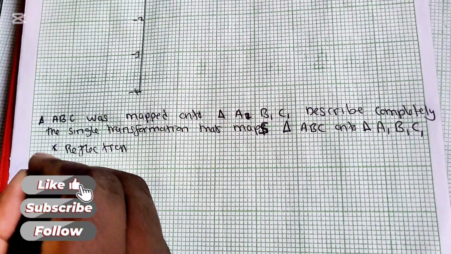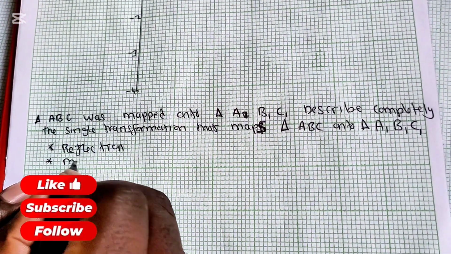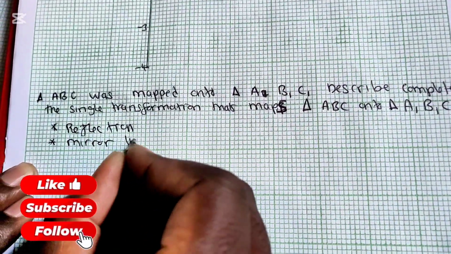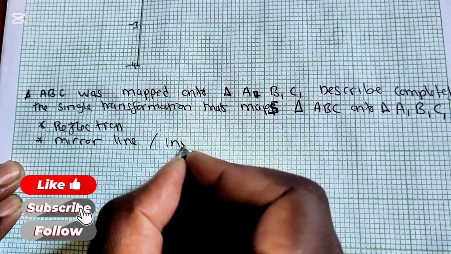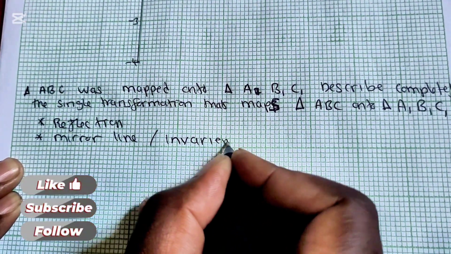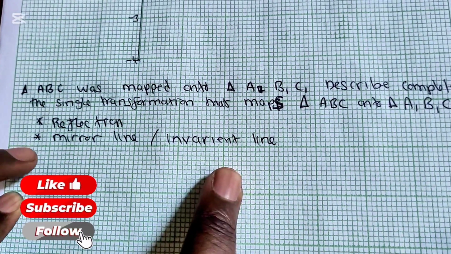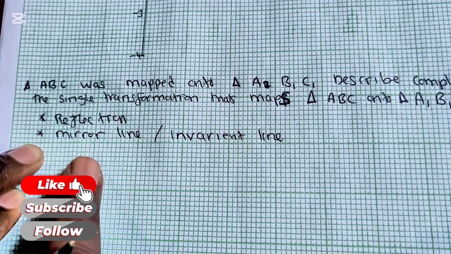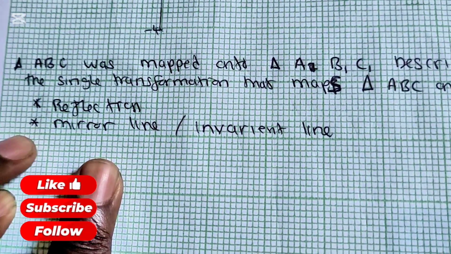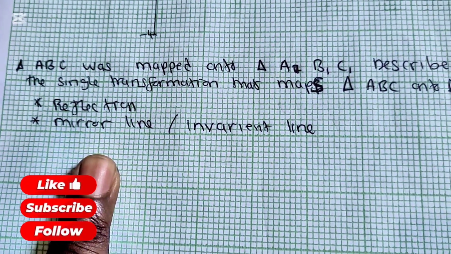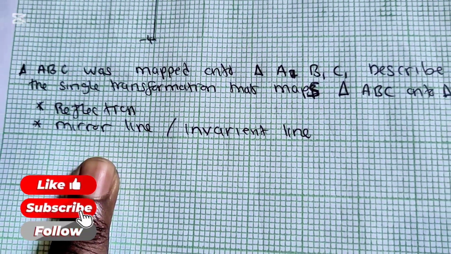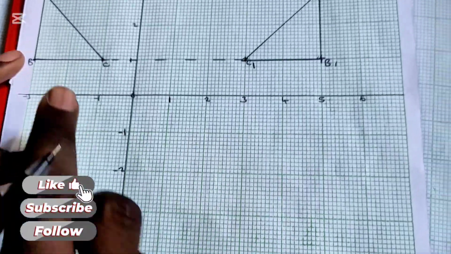So another thing is to find the mirror line or the invariant line. Remember I mentioned earlier on that if you get corresponding points, you get parallel lines which are not equal length. So image and pre-image, they share the same distance from the invariant line.